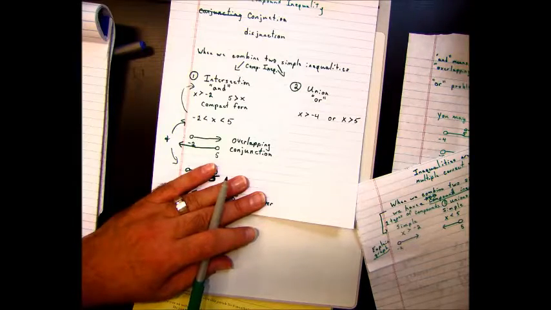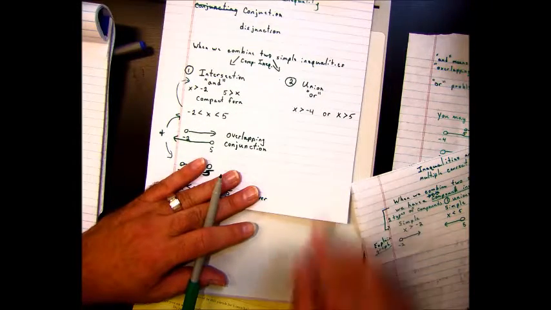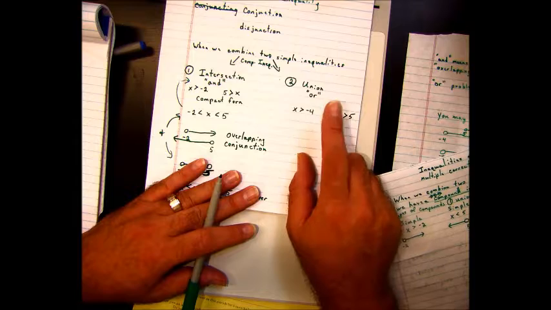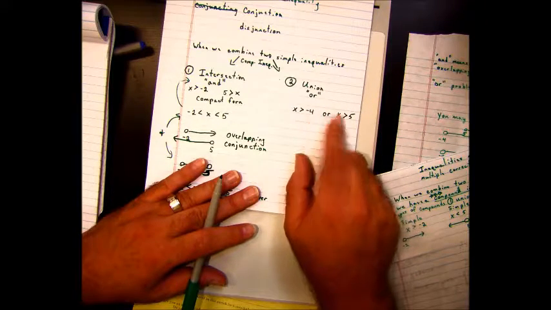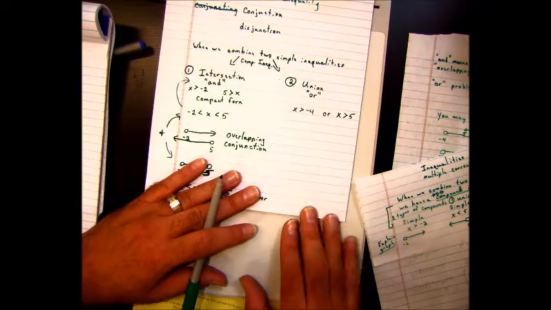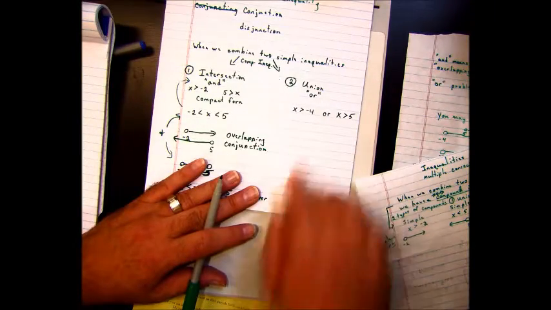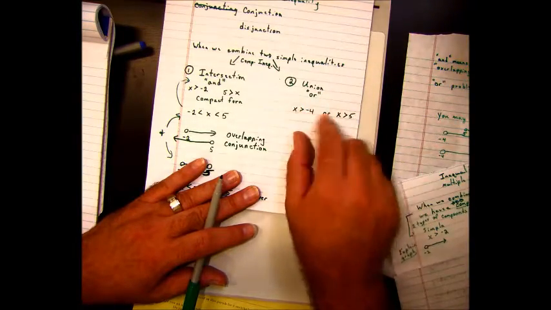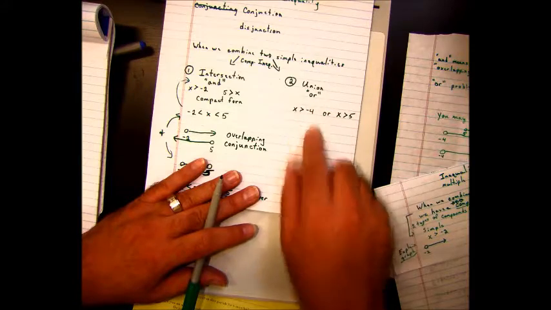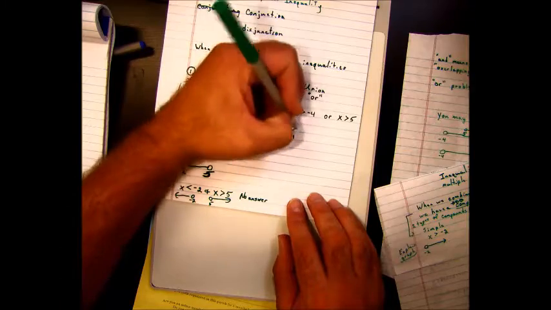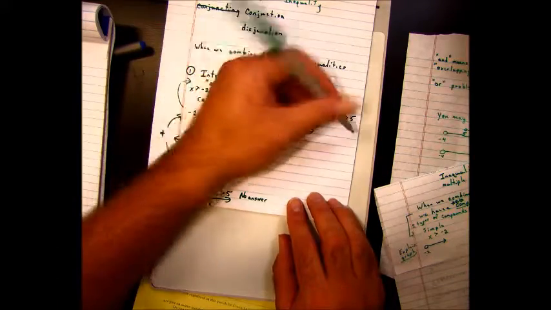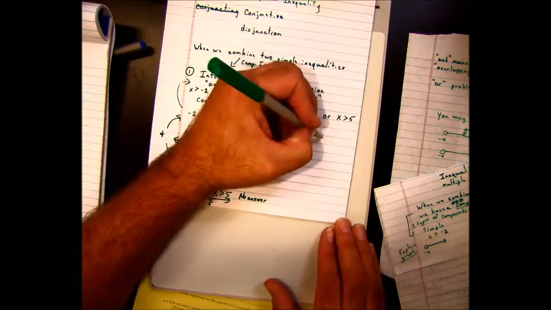Because all or problems must say or. Okay? So you solve them, then you graph every single time. Now these are already solved. These are solutions. So I can just graph. X being bigger than -4 would look like this. And then x being bigger than 5 would look like this.